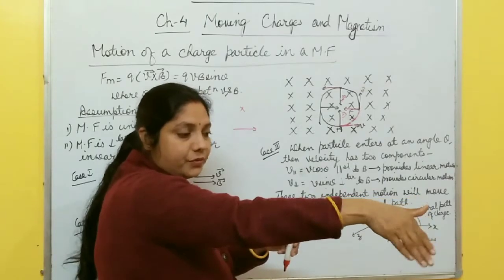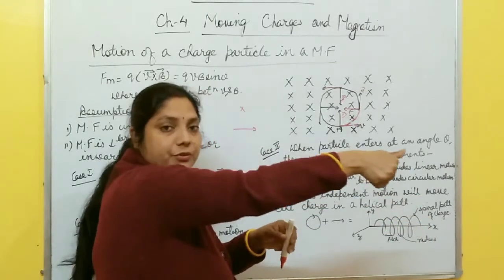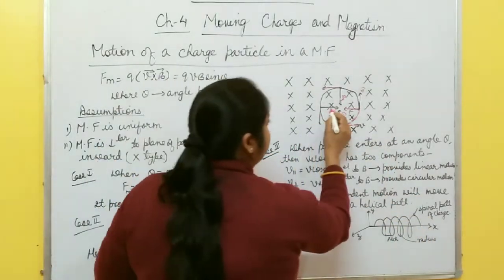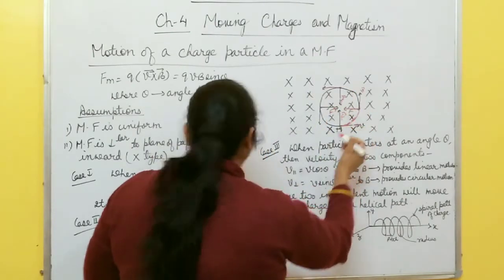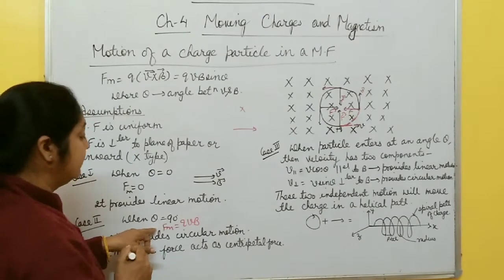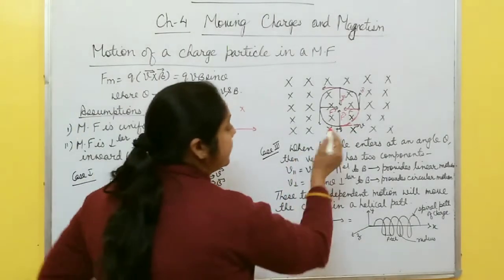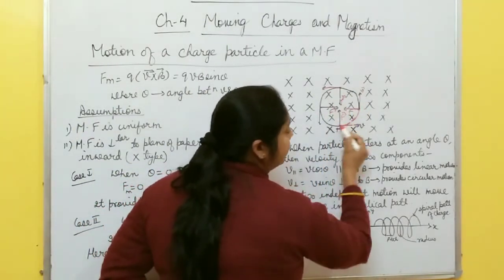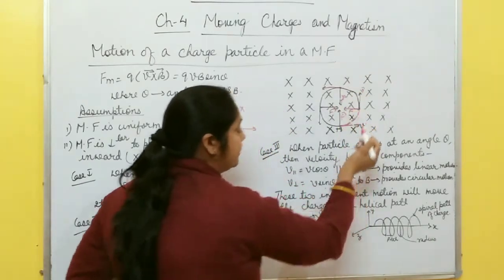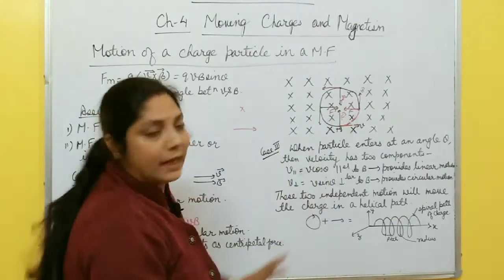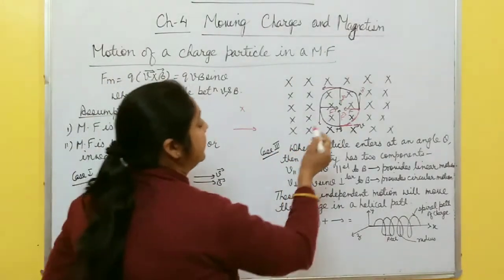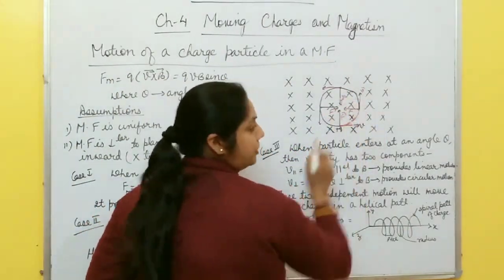So, curl your fingers from V to B. Force is in this direction. This is the direction of force. So, when the particle enters, this provides circular motion of the particle. And this circular motion means centripetal force. Here, the magnetic force acts as centripetal force and it provides circular motion of the particle.